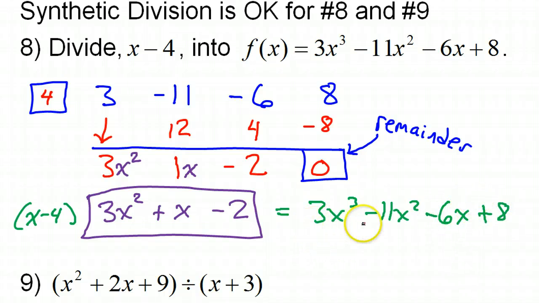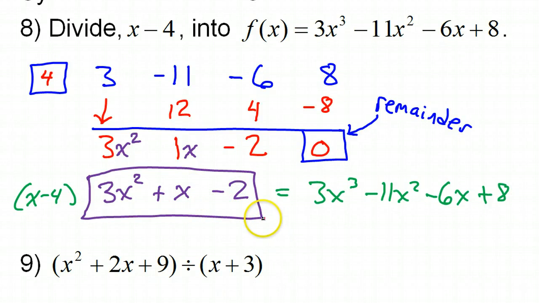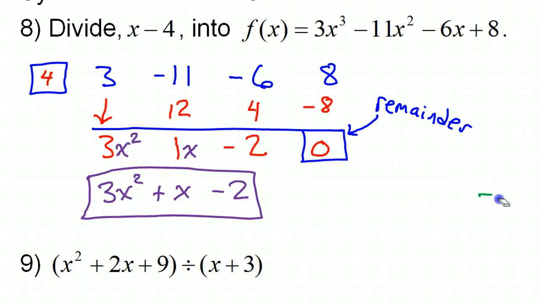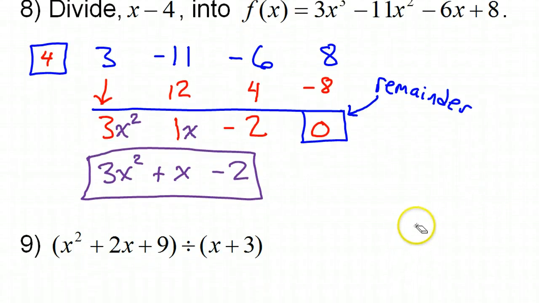So basically we just took this polynomial and through division we factored it as this times this. Grouping wouldn't work here. But by division, we were able to factor something that up until now we wouldn't have known how to factor. That's where we're headed in future lessons. I was just giving you a glimpse into the future of polynomials.